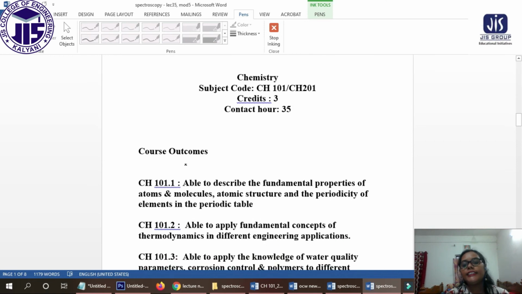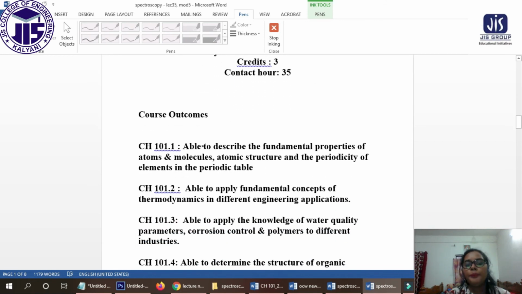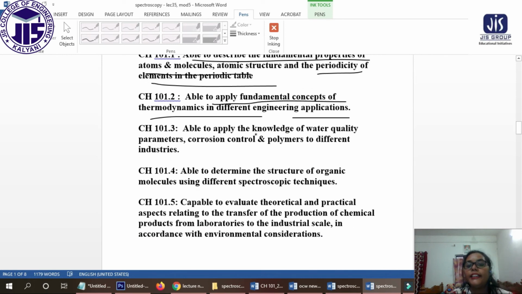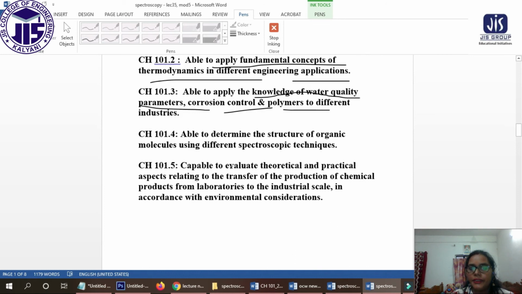These are some of the course outcomes. After finishing this course, students can describe the fundamental properties of atoms and molecules, and also the periodicity of the elements in the periodic table. They can apply the fundamental concepts of thermodynamics to different engineering applications. They can apply knowledge of water quality parameters, corrosion control, and polymers to different industries.